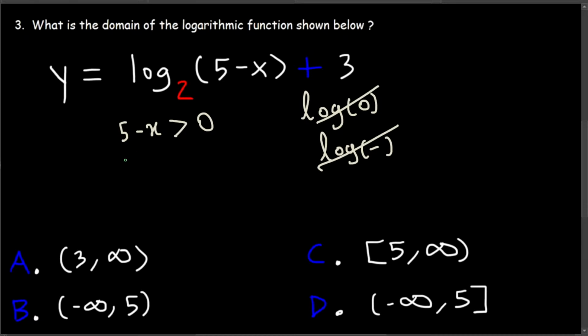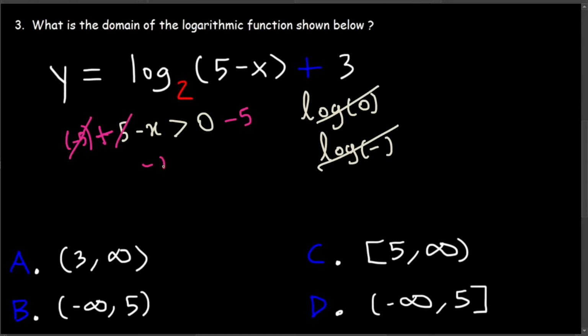For this one we can subtract 5 from both sides. So we are subtracting, this one cancels, and here we will have negative 5.